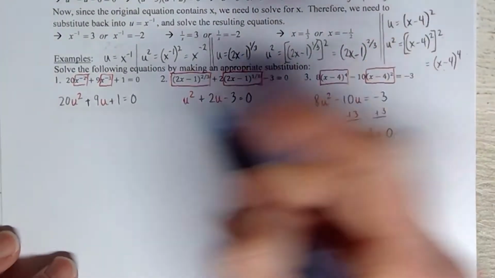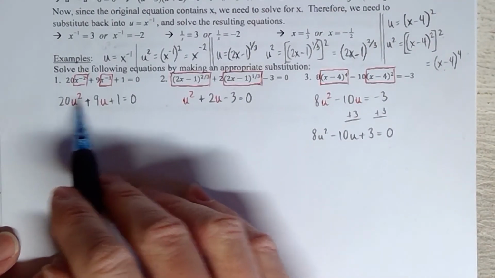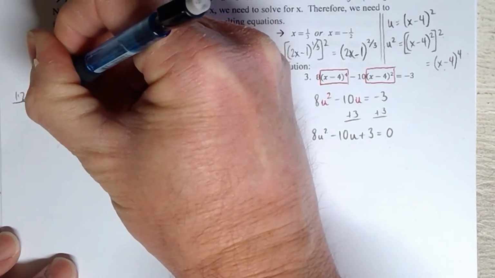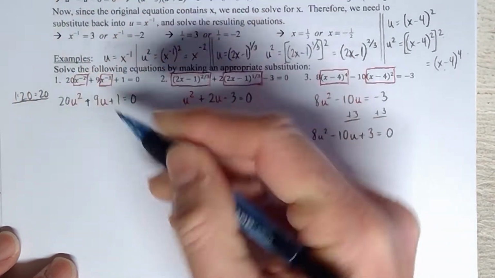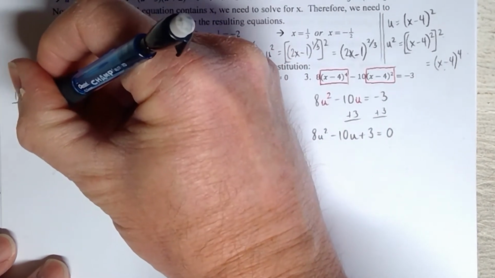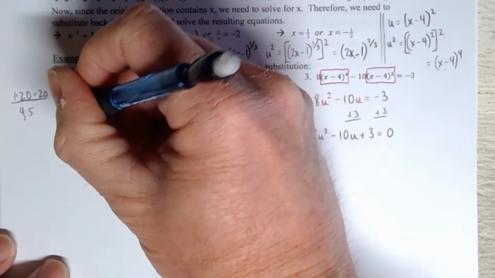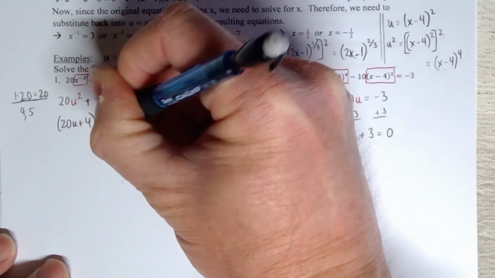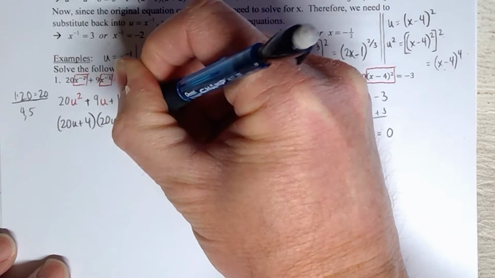If I factor that, doing the Berry method, I get 20 times 1 is 20. And what adds up to 9 in the middle out of the factors of 20? It would be 4 and 5. And so that means I'm going to have 20u plus 4, 20u plus 5.